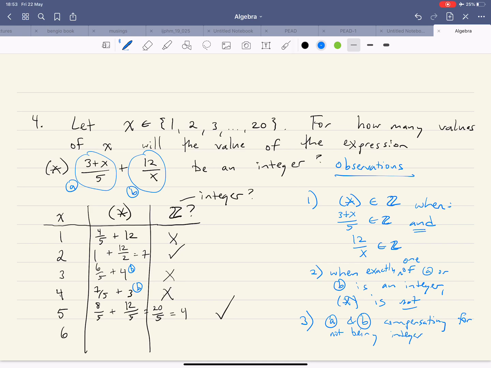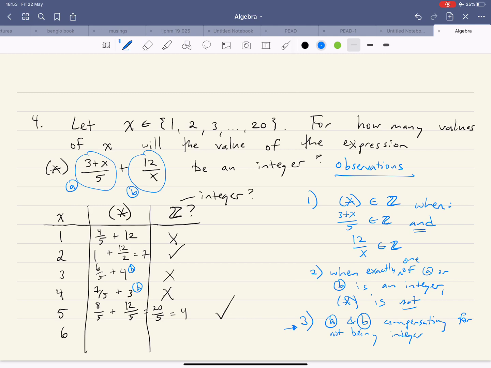In the sense that A was 8/5 and B was 12/5, and still they were able to come together and make an integer. And this condition is really the most challenging one to figure out.